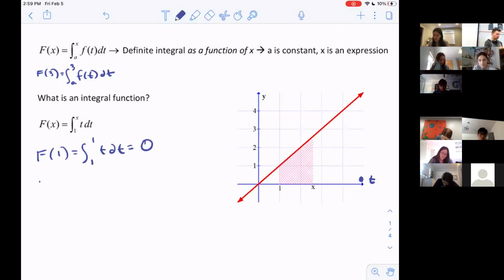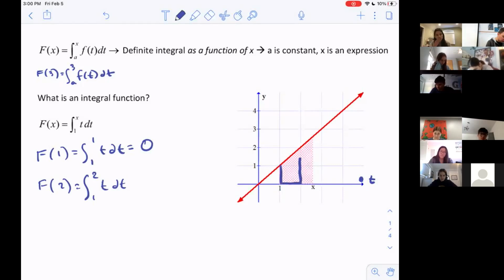What about capital F of 2? The integral from 1 to 2 of t dt. Oh, that's this. We could go old school and just use our area formula.